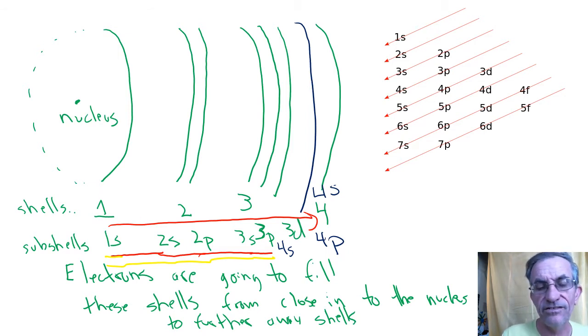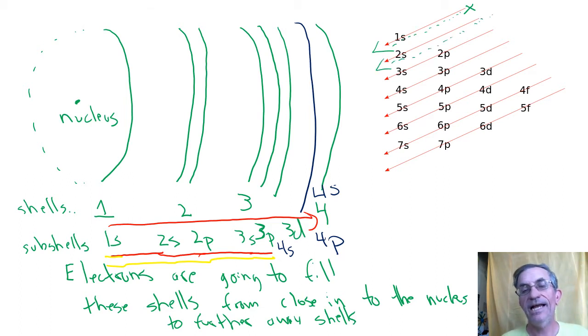And the way it works is basically you start at the first arrow and you go down it. When you get done with that arrow, you move to the next arrow and you keep on going. So the first thing I'm always going to fill up, the closest in shell to the nucleus, is the 1s shell. Now when we fill that shell up, we're going to go down the next arrow. So move over to the next arrow, go down it, you'll fill up the 2s. After you fill out the 2s, then electrons start going into the 2p and then the 3s.